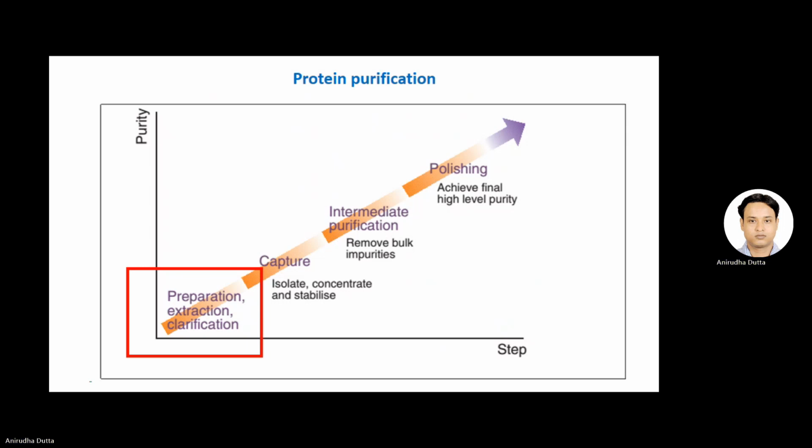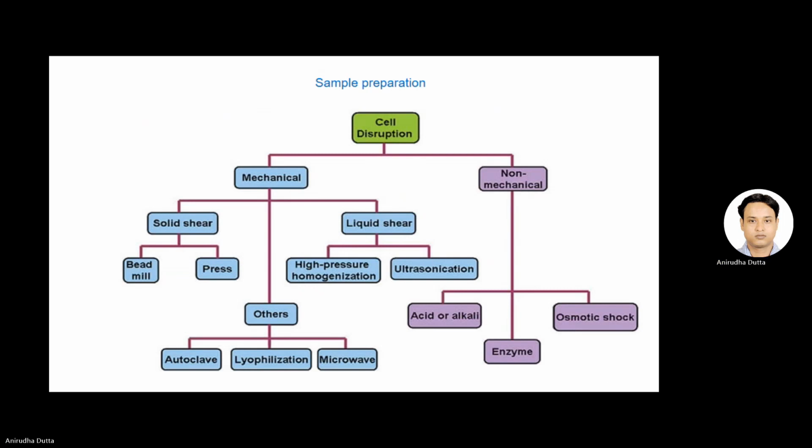So for protein purification, for extraction of the protein from inside the cell, we have to disrupt the cell envelope. Then only the protein would be extracted into the buffer of our interest. For that, we can use different processes.